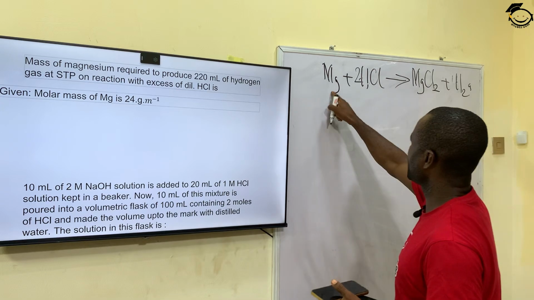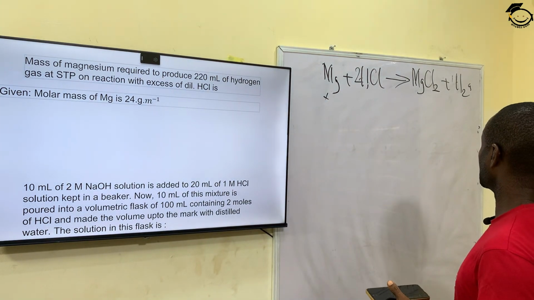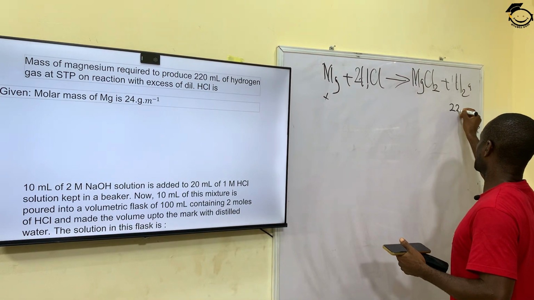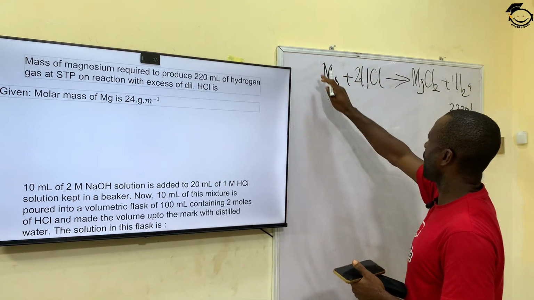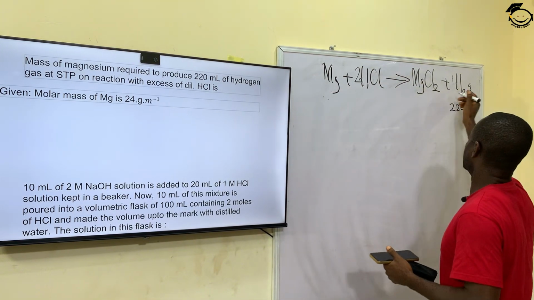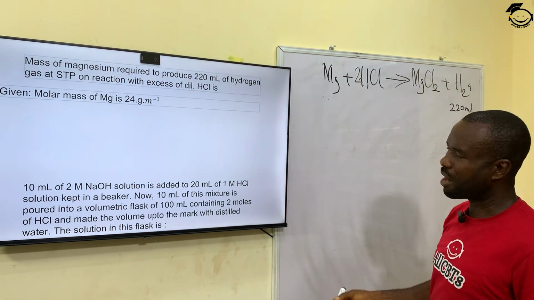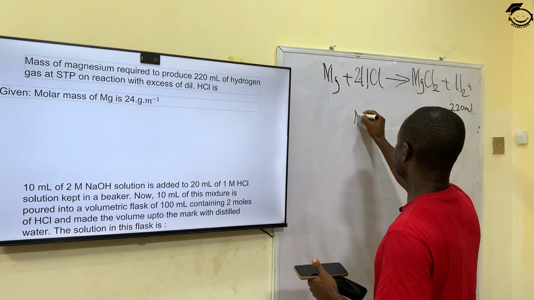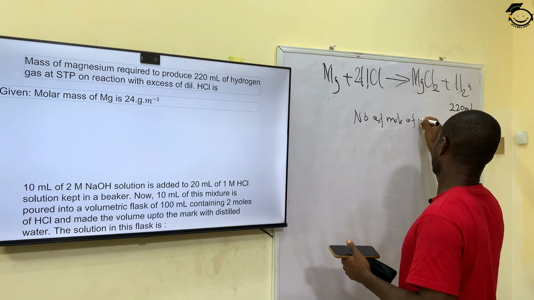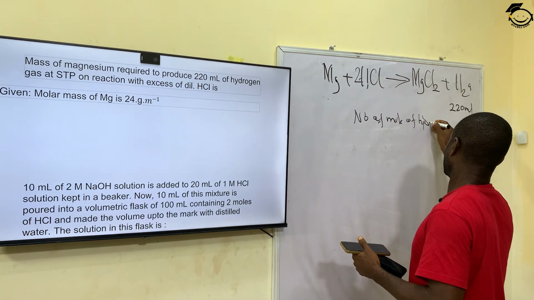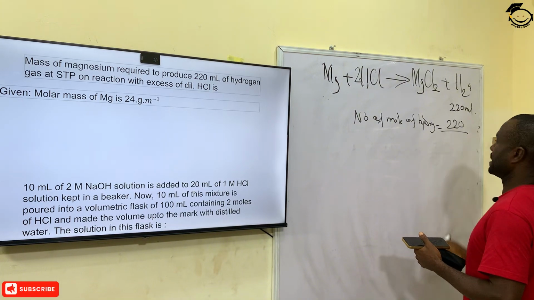So in this case, we are looking for the mass of magnesium that will be needed when you have a volume of 220 ml. Looking at this equation, 1 mole of magnesium is equivalent to 1 mole of hydrogen. So we now have to find the number of moles of hydrogen. Number of moles of hydrogen equals 220 over the molar volume.